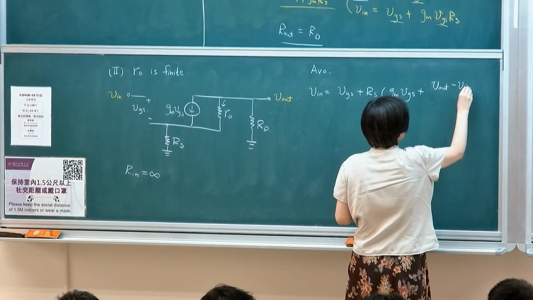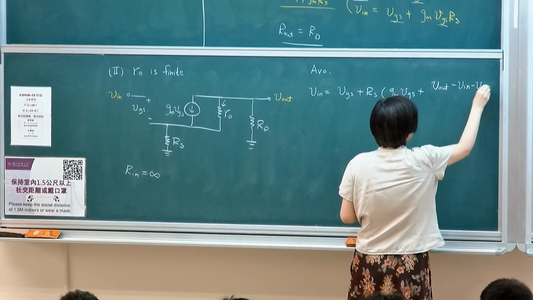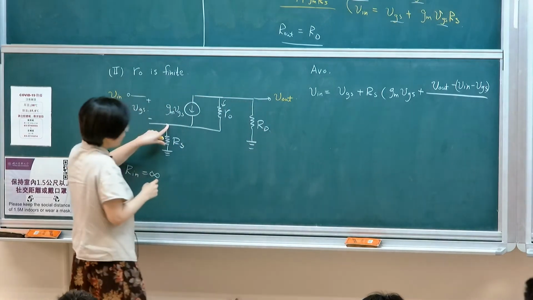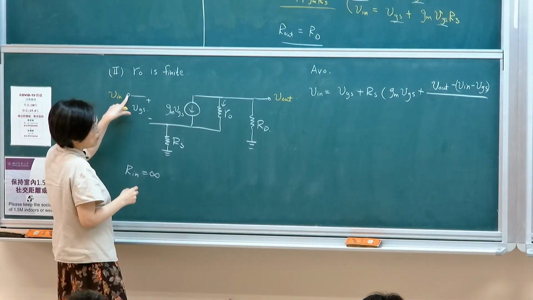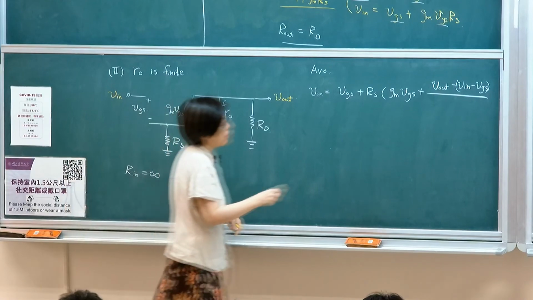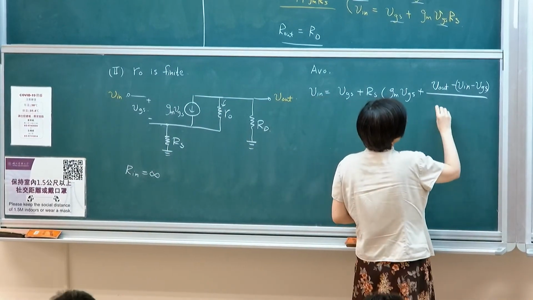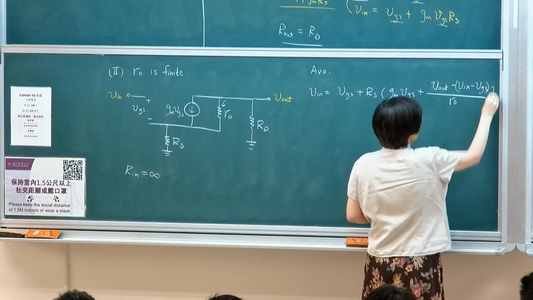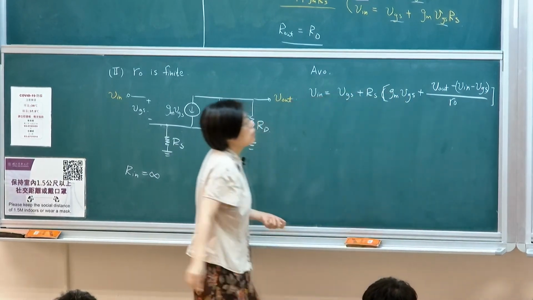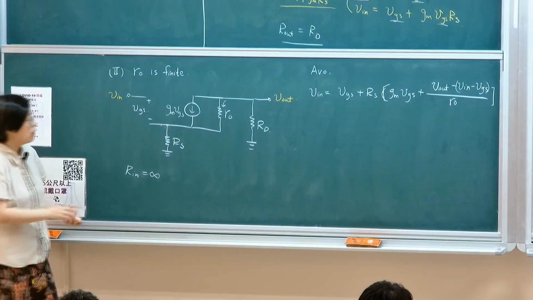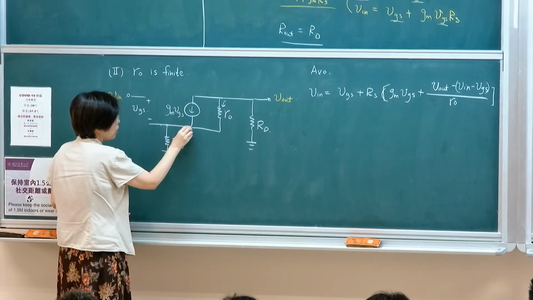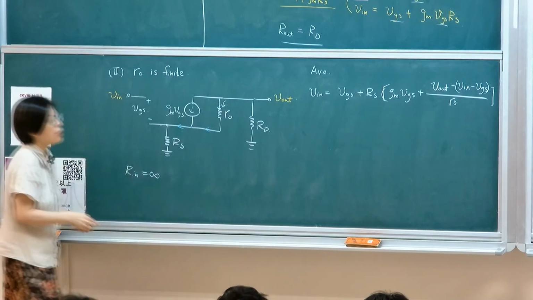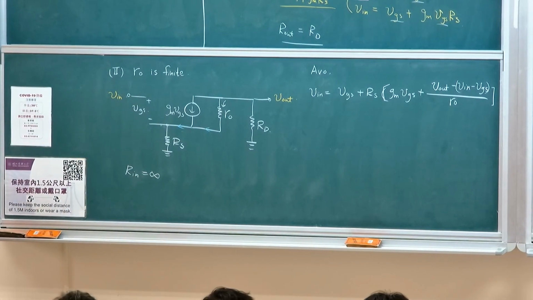Minus V in minus VGS. That's the current. That's the voltage at this particular point, which is in terms of input, divided by RO. Okay? So I'm writing down the current. The total current will be this, plus additional current coming in from here. So you define it as a function of V out, right?